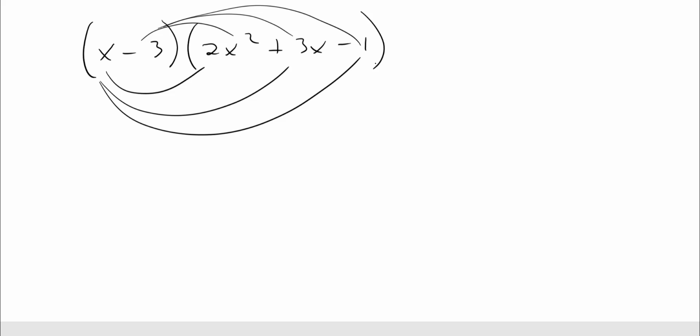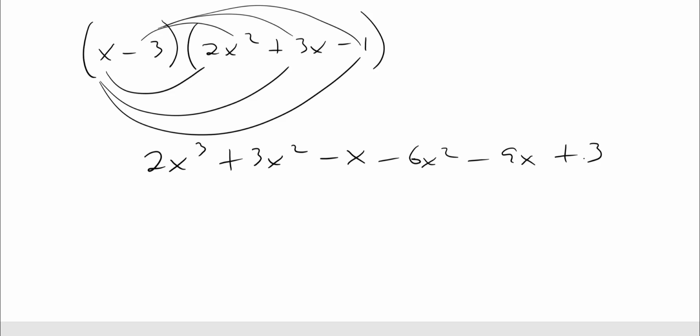Okay, so if I do that, I get x times 2x squared is 2x cubed. X times 3x is plus 3x squared. And x times negative 1 is negative x. That's first. Outer gives me negative 3 times 2x squared is negative 6x squared. Negative 3 times 3x is negative 9x. And negative 3 times negative 1 is positive 3.